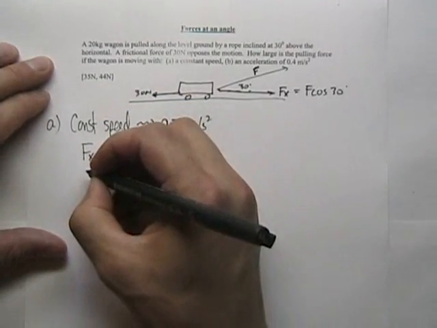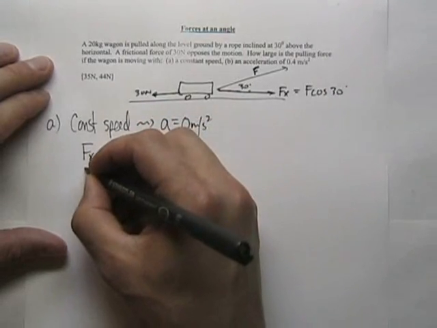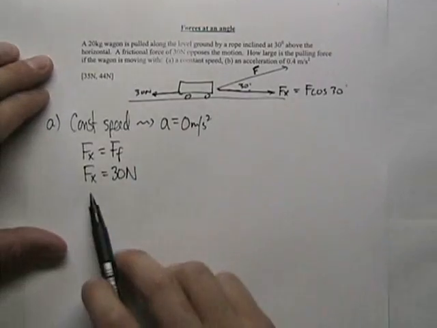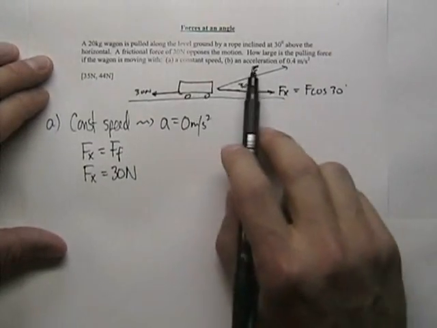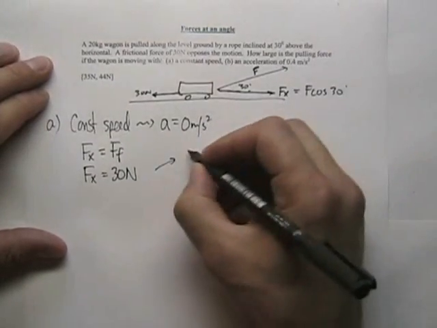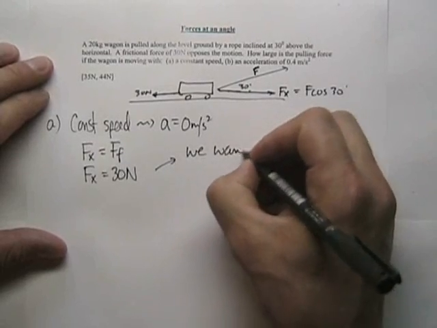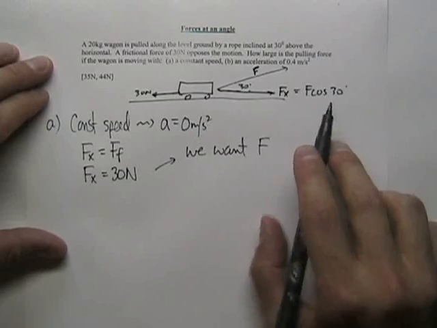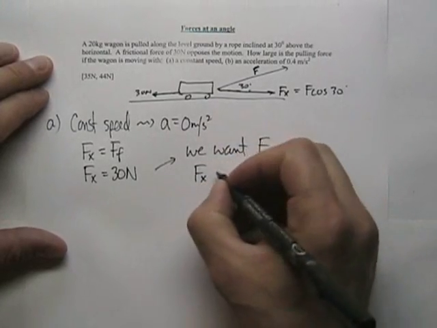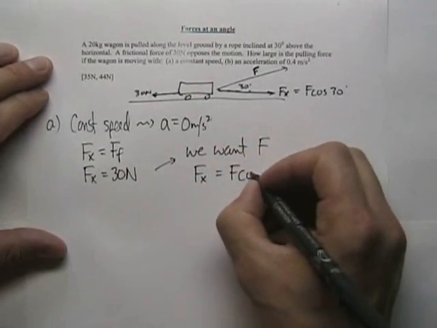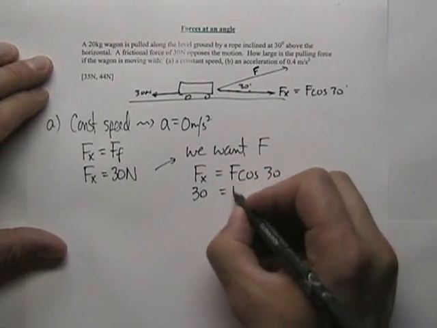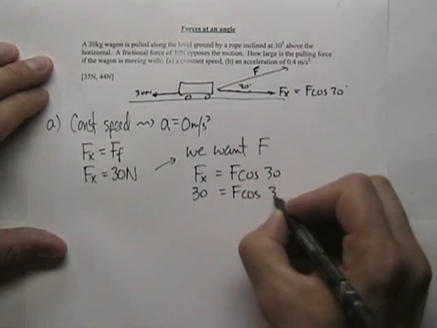Well, that means then Fx is equal to 30 newtons. So we know that, but we don't want Fx, we want the pulling force. So we want F, not Fx. Well, I know that Fx is equal to F cosine 30, which means that 30, Fx, is equal to F cosine of 30.